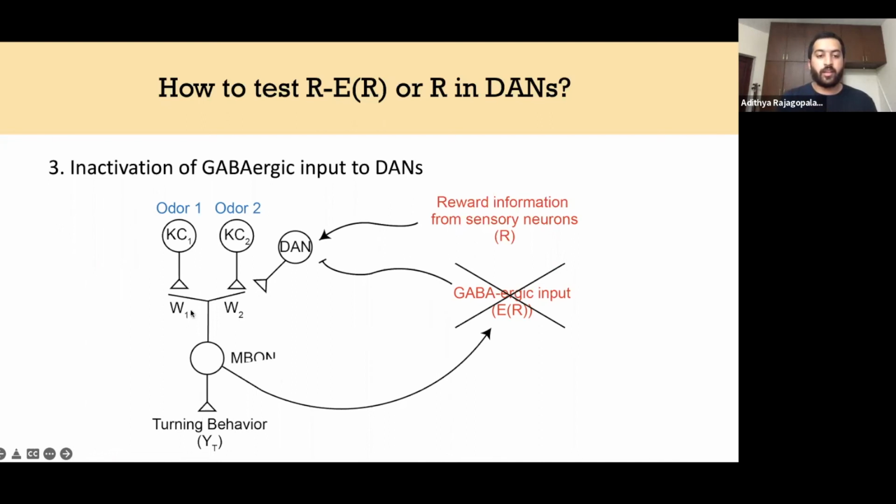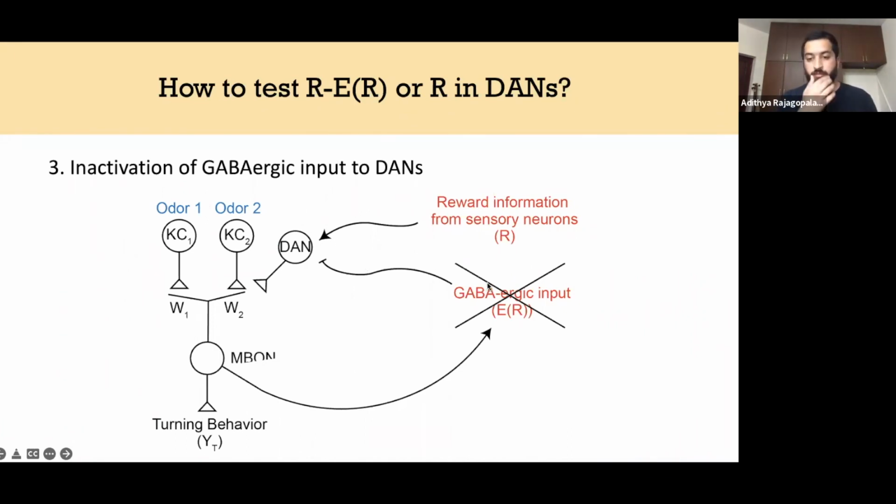So if you look at the circuit, given that it's the weights that seem to determine the value, when a Kenyon cell is active, the MBON's activity should then also reflect the value that the weights represent. And so this could be the source of an expected reward term. So whenever the Kenyon cells are activated by a given odor, the MBONs will represent the value or the expected reward from that odor. That would determine both the turning behavior as well as could potentially send an expected reward signal back to the dopamine neurons that conflicts with the reward information that the dopamine neurons are receiving.